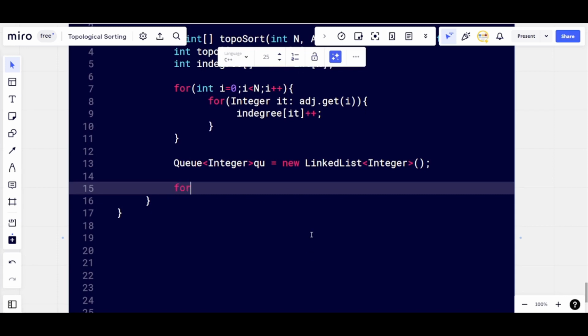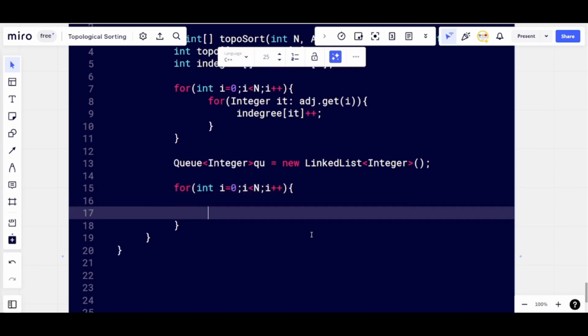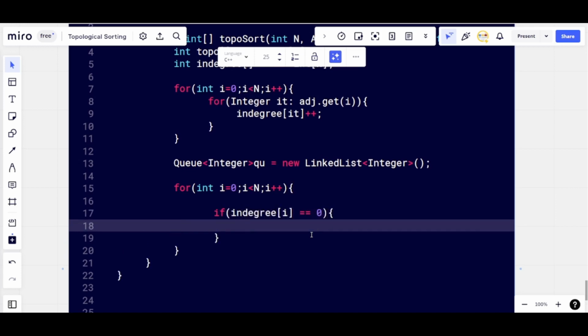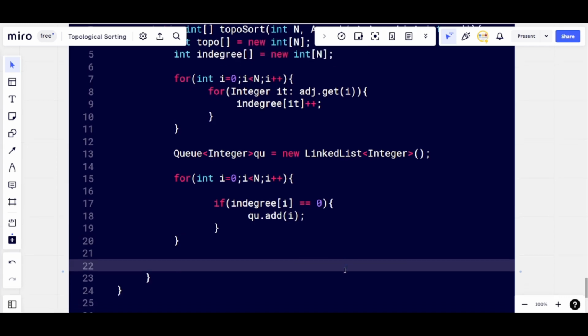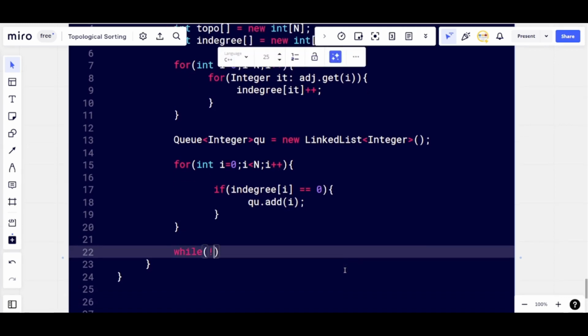Iterate over all the nodes of this graph starting from node number 0 till n minus 1. If the in degree for any node is 0, then add that node into this queue. Now finally run the BFS algorithm till this queue is not empty.